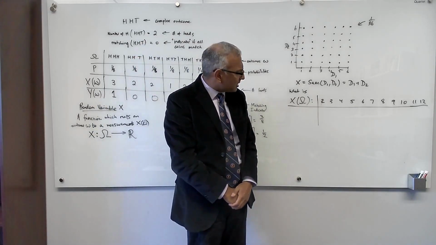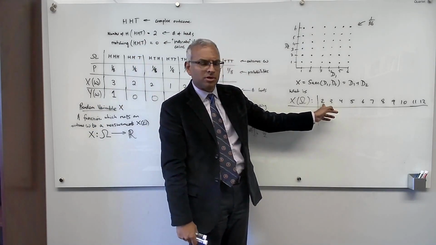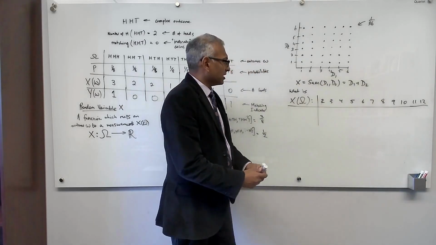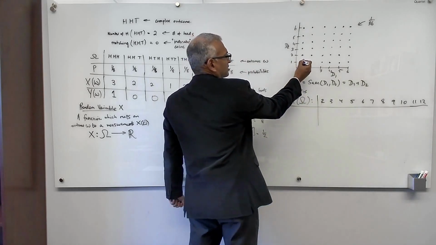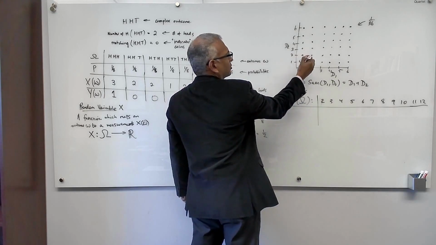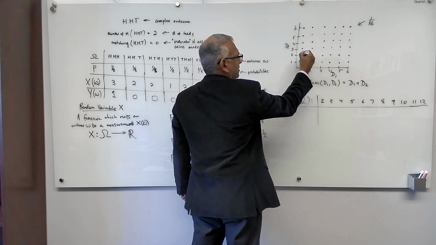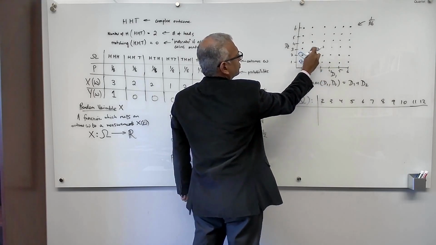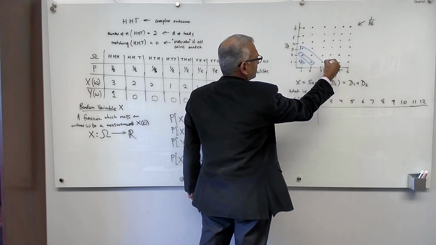And now we can construct the probability distribution function for the sum of a pair of dice, by asking, what is the probability that you roll a 2? What is the probability that the measurement is a 3, 4, 5, and so on? So let's see. Rolling a 2, that's just this guy. Rolling a 3 is 2, 1, or 1, 2, so that's this guy. Rolling a 4 is 3, 1, 2, 2, or 1, 3, so that's just this guy.